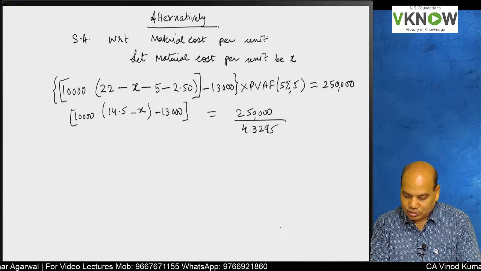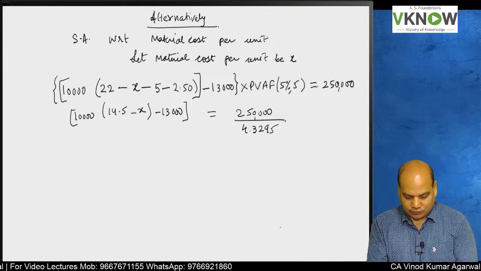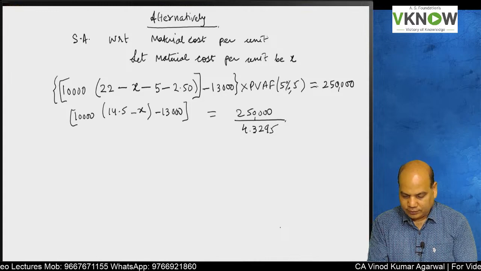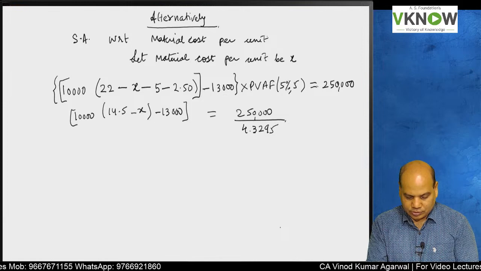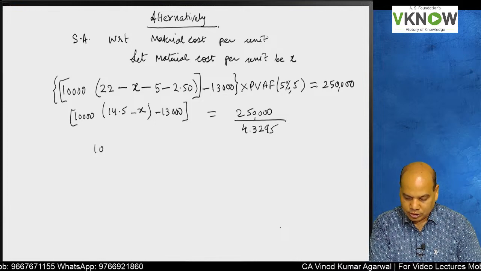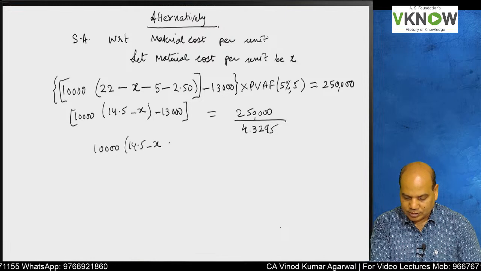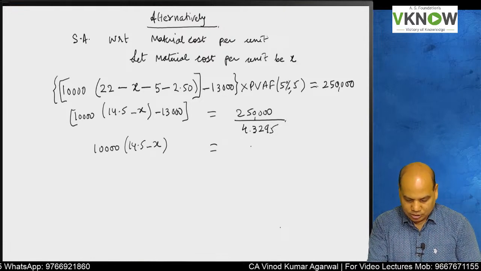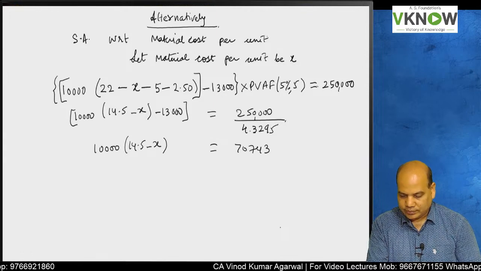And then I am going to add 13,000 on the right side. So 2,50,000 divided by 4.3295 plus 13,000 is equal to 10,000 into 14.5 minus x, equal to 70,743.